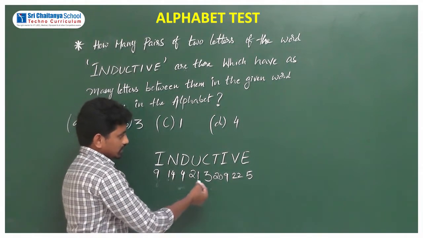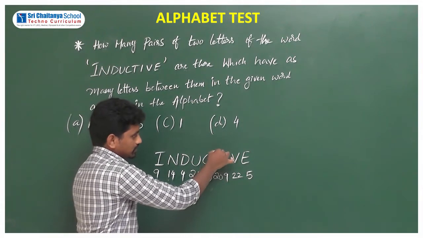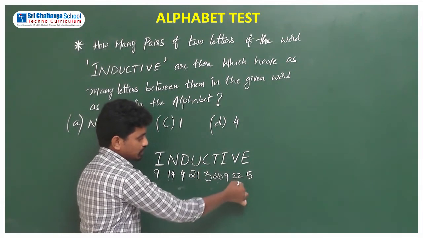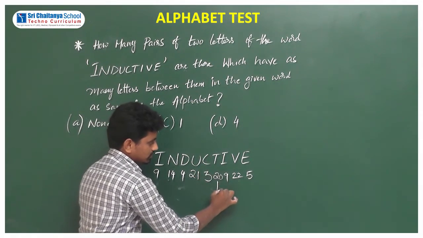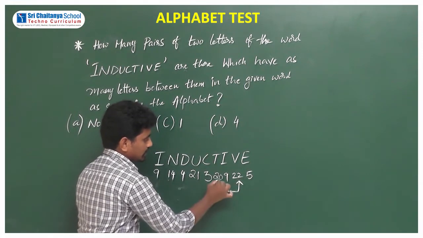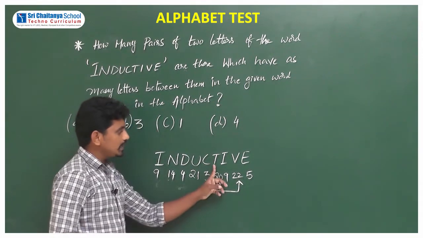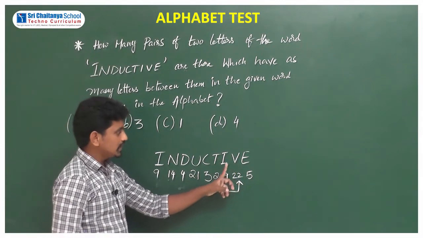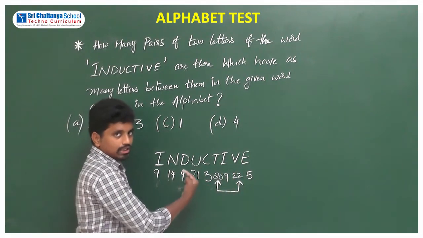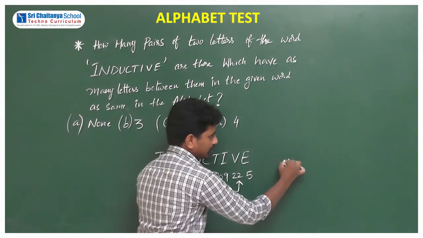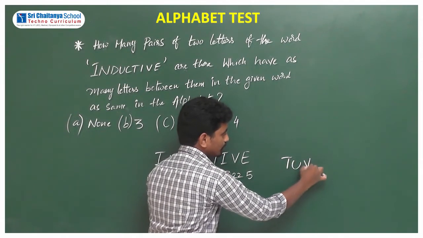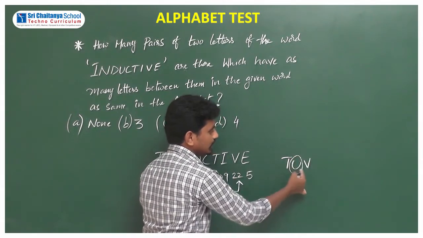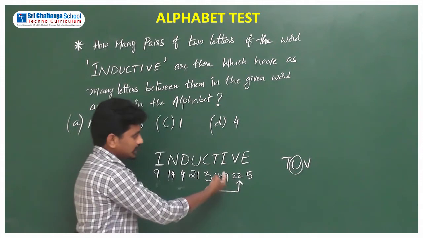Okay. Now if you observe here, this is 20 and this is 22. In between T and V there is only U. So if you write T, U, V, there is only one letter in between T and V. So that is what they gave exactly.